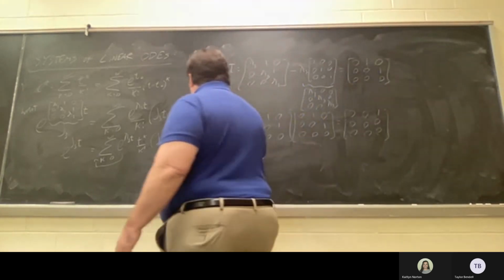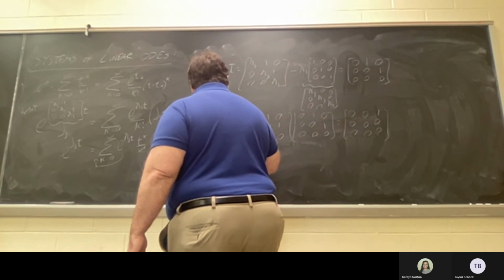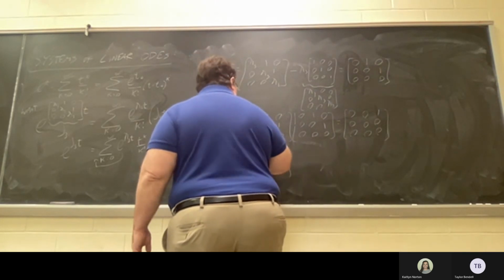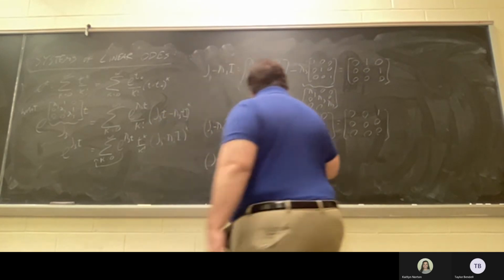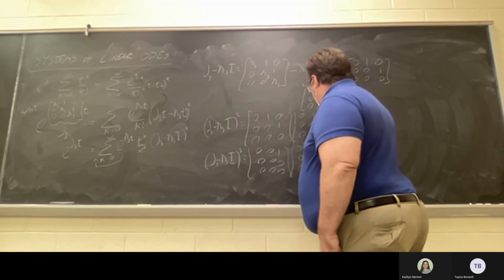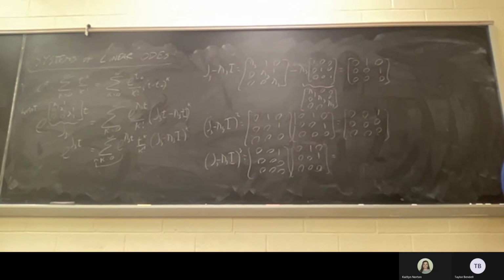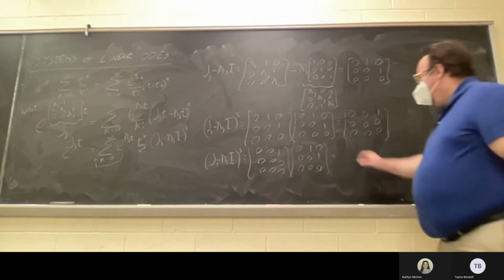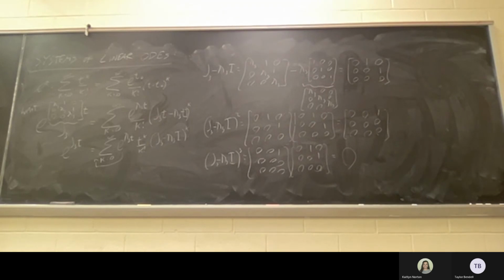So then if we go further, that would be the square that we just got times J3 minus lambda I. So then you would work that out, and I'll just cut to the chase here. It's a big fat 0. Well, certainly all powers past that point will also be 0.